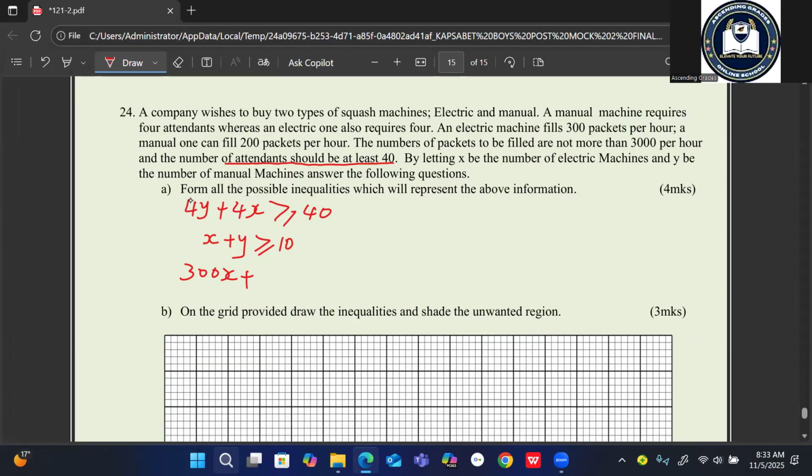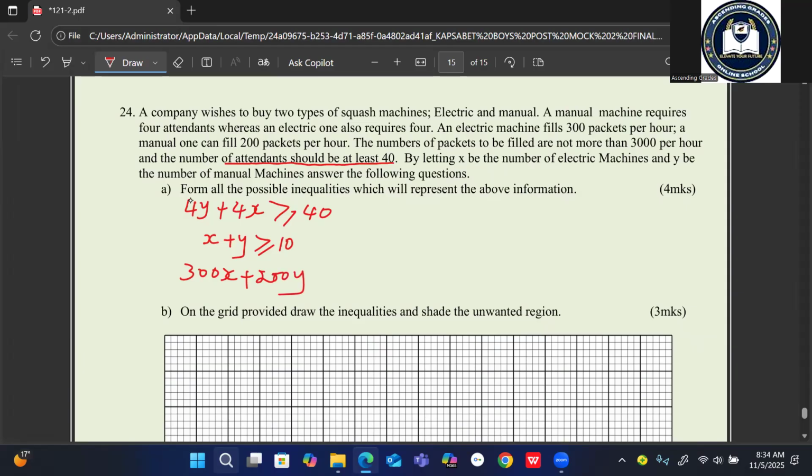Plus a manual one can fill 200 packets per hour. So what about Y manual machines? If one can fill 200 packets per hour, what about Y? So it will be 200Y.